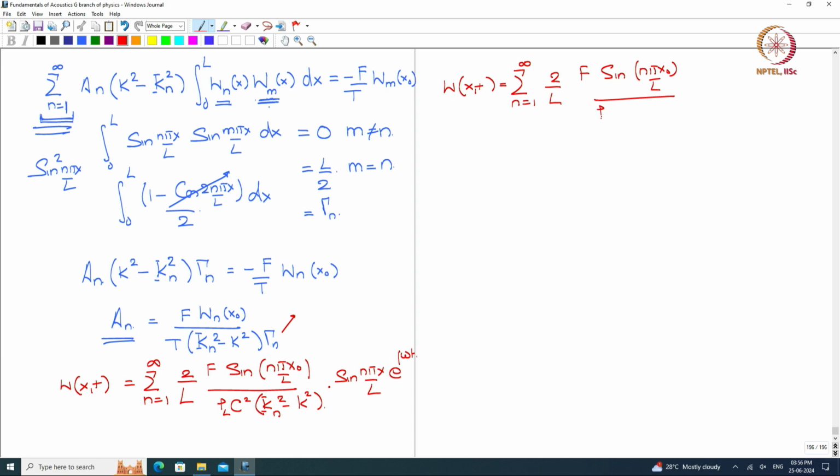So what I will have is rho L (omega n square minus omega square) into sine n pi x by L e to the power of j omega t. And this omega is the driving frequency of the harmonic force. So anytime omega gets close to any of the natural frequencies, your response goes up. That is resonance.